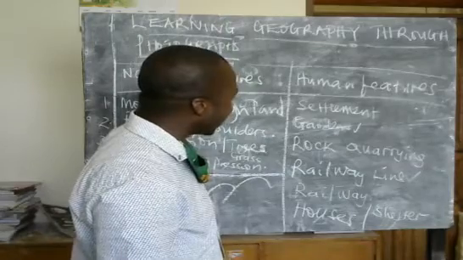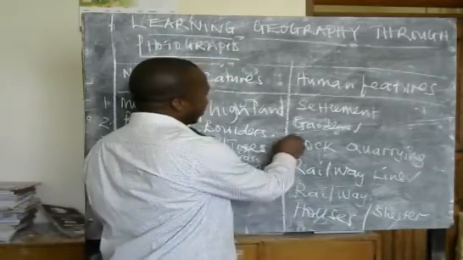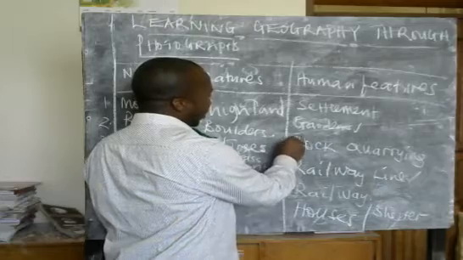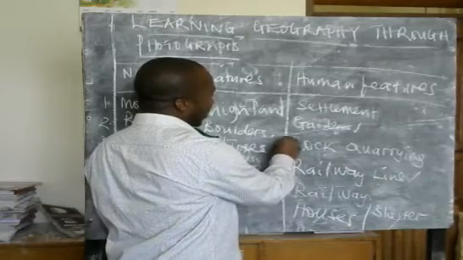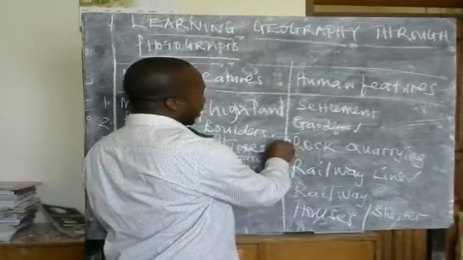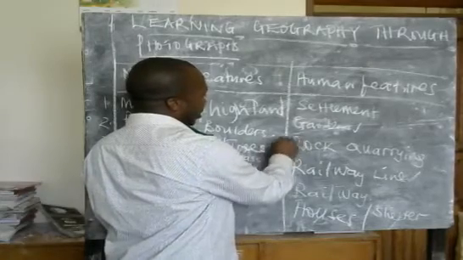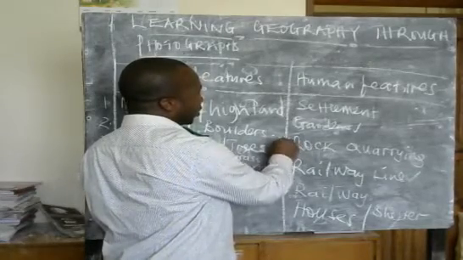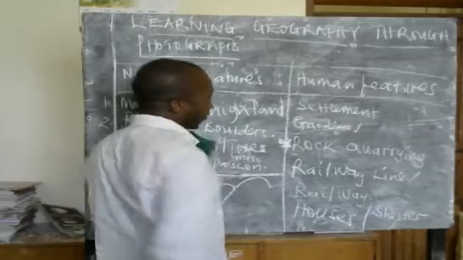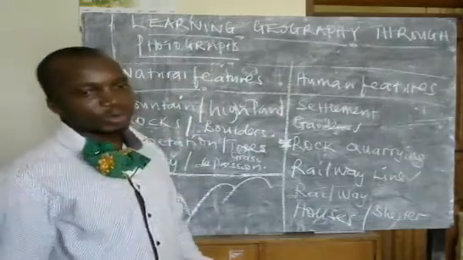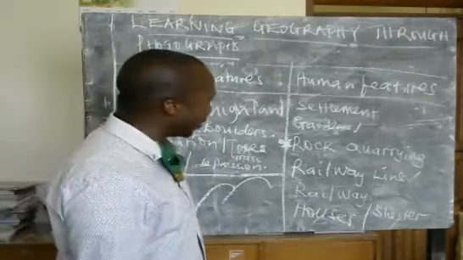Then lastly, we also have some local quarrying, where we have mountainous areas. We have a lot of stones being broken down into smaller particles, into smaller aggregates.